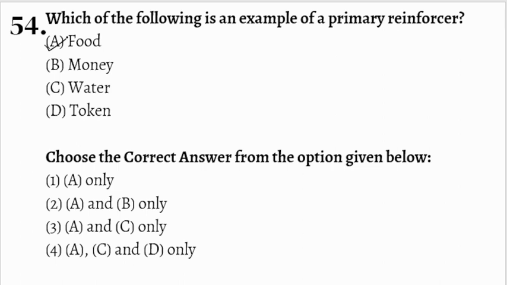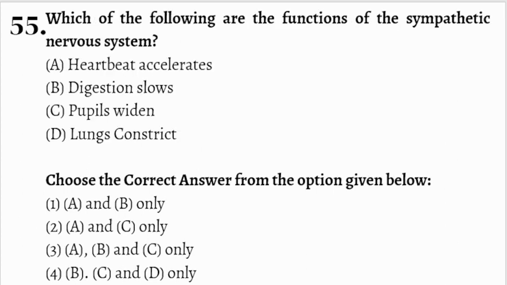Food is a primary reinforcer, water is also a primary reinforcer, money and token are secondary. So A and C only are the correct option here. Food, water, shelter, the basic needs are going to be the primary reinforcers. So A and C are correct. Moving ahead to the next question, question number 55.